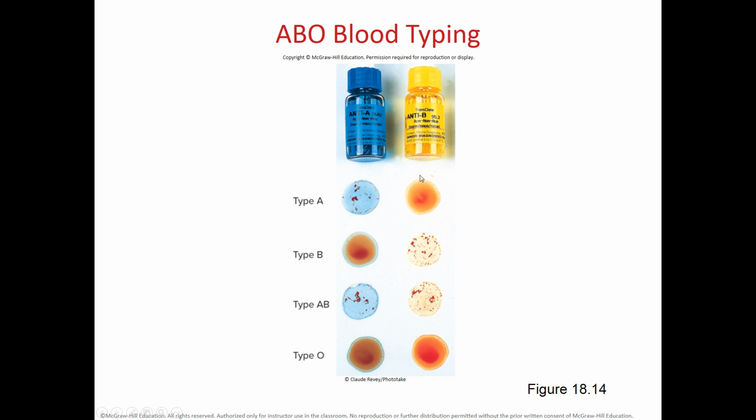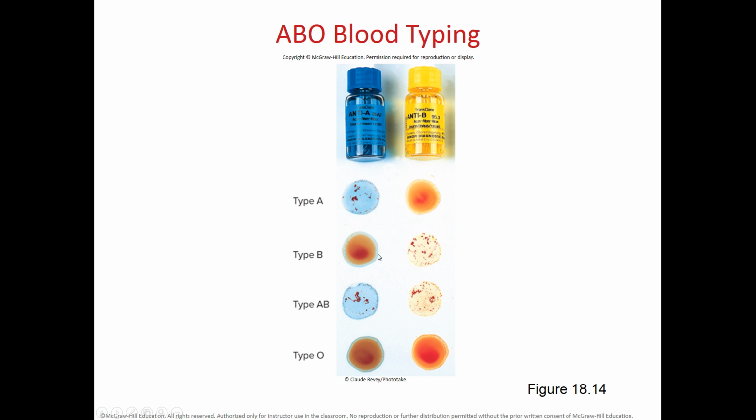If the person is only A type but not B, the person won't have clumping when you add the anti-B antibodies to this drop of blood. So in here, you don't see any clumping. For B type, you don't have clumping with anti-A antibodies, but you see clumping with anti-B antibodies.